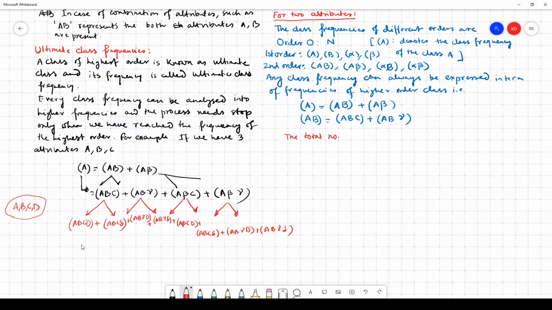And in that way, if you have 5 attributes, again you can break this, 6 attributes, again you can break this, and so on. This is the process. So now the total number of cross frequencies.